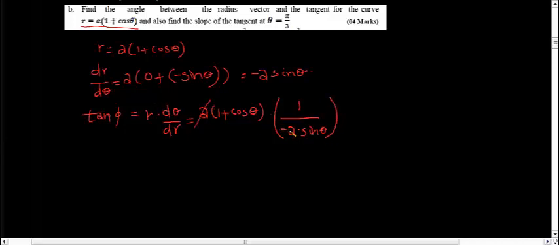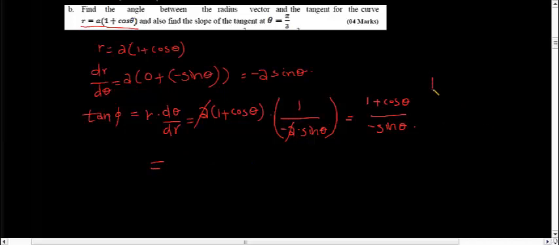Here a gets cancelled and this becomes 1 plus cos theta by minus sin theta. So let us not forget this minus sign. Let us simplify this.